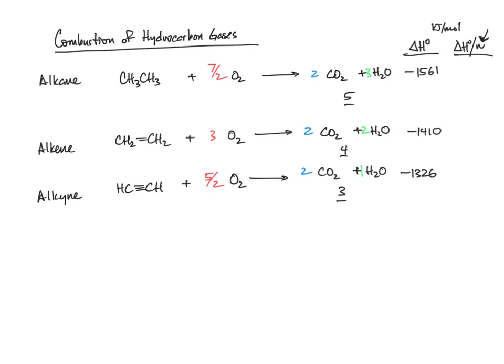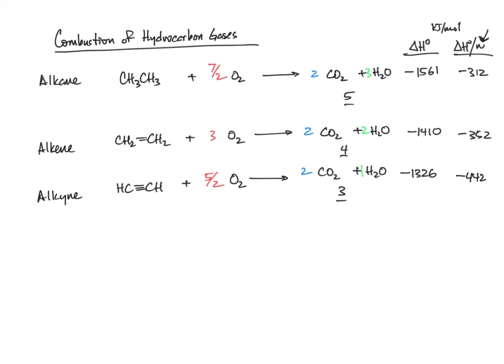But now we have to take these numbers and normalize them using the quantity of moles of gas produced. So we take this number divided by that. This comes to negative 312. This is negative 352. And this is negative 442.